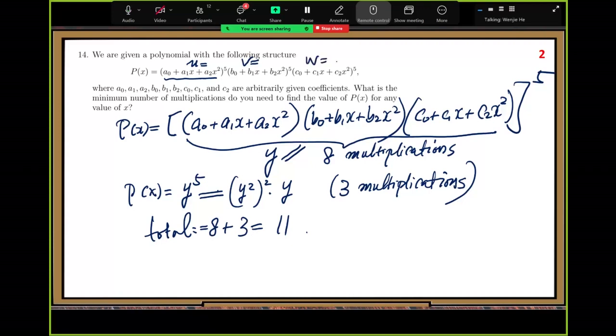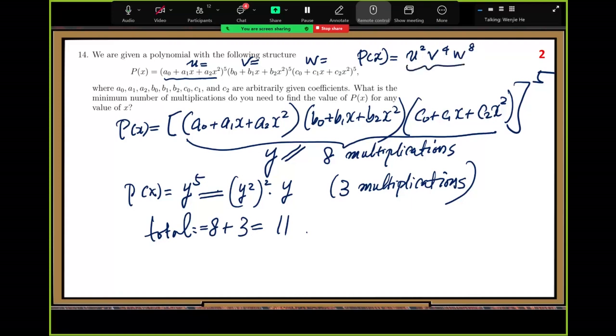Sorry, the structure is x, not w. The structure is u squared, v to the fourth, w to the eighth.